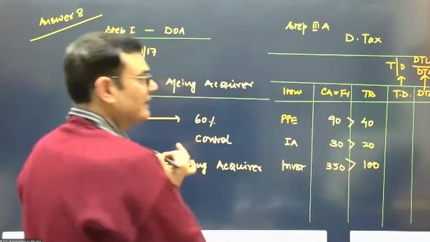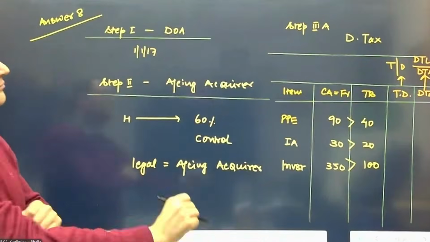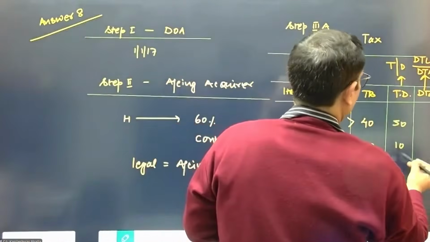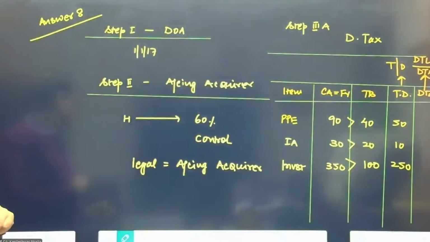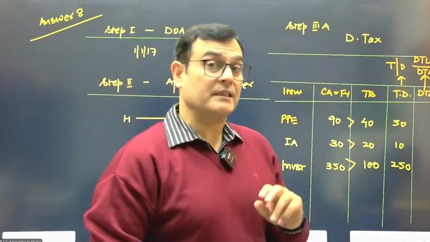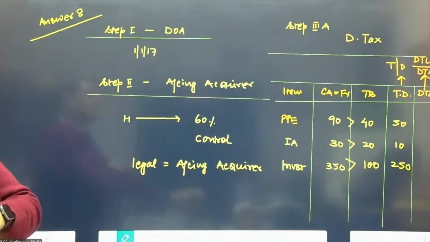So taxable or deductible differences in this case? Taxable or deductible difference? Deductible. No, this is taxable. The carrying amount of the asset is more than the tax base. Asset becomes taxable temporary difference. That's right.